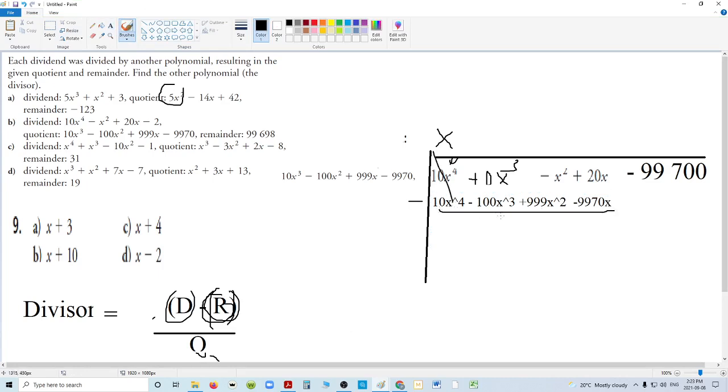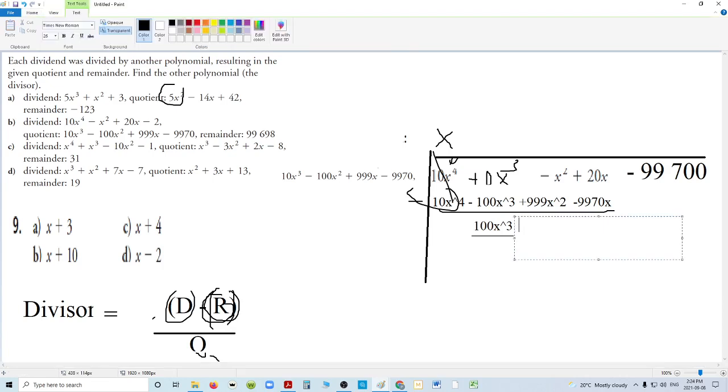These cancel out. Minus 100x cubed becomes positive 100x cubed, because it's 0 plus 100x cubed. Minus x squared minus 999x squared is minus 1000x squared.